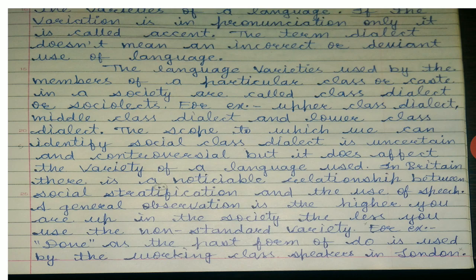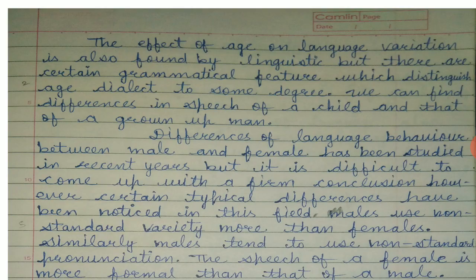Higher class people use a language nearer to the standard form in comparison to the dialect used by the lower class even in that same area. To give some examples, done as the past form of do is used by working class speakers in London. Done as second form, but the upper class does not use it.